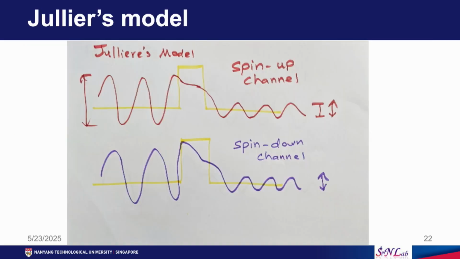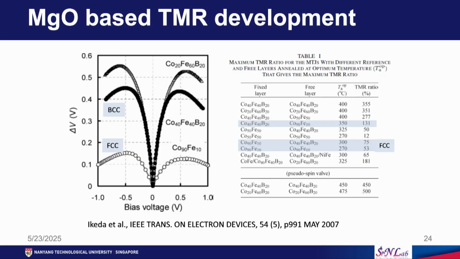So, the most important point is when you have this kind of crystal structure, the probability for electrons to tunnel, especially through the delta 1 band, is higher and we will have the low resistance state. And when you have anti-parallel, the probability for electrons to tunnel is less, so we will have high resistance.